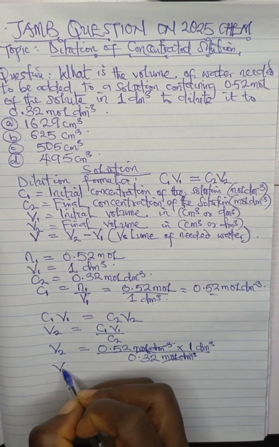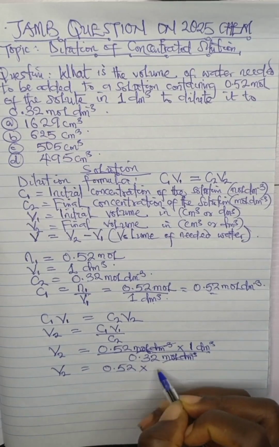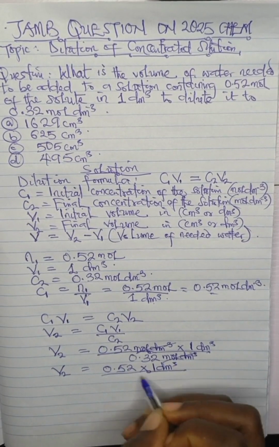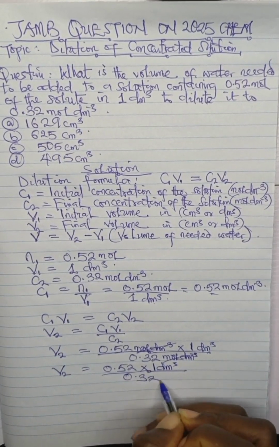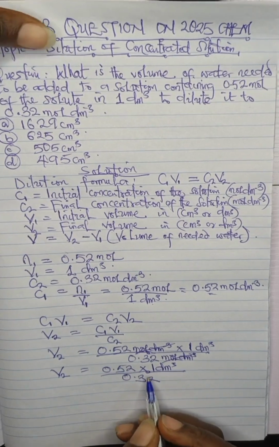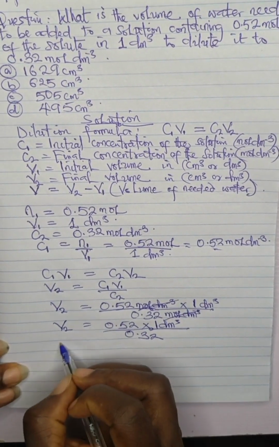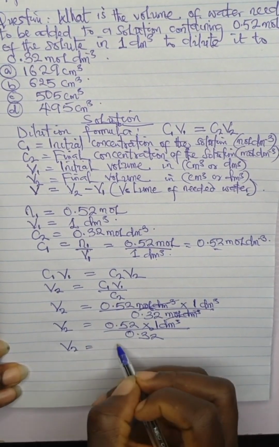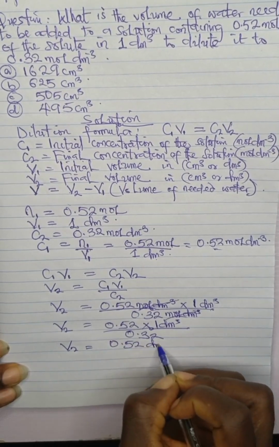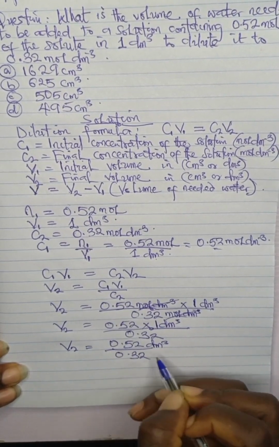We are now left with 0.52 times 1 dm cube all over 0.32, so V2 equals 0.52 dm cube divided by 0.32.